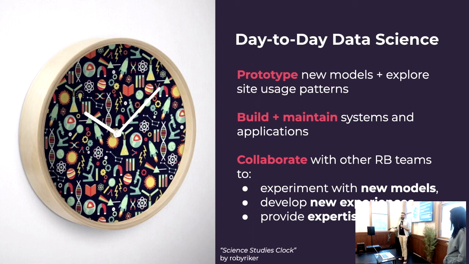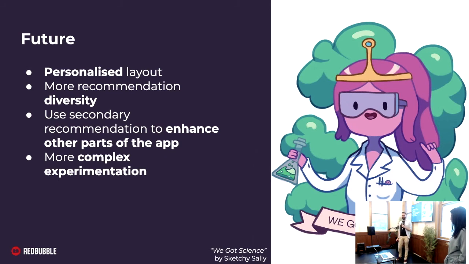We also collaborate a lot with other teams in the company to bring our experiences to other parts and other applications. Our collaboration with mobile is one excellent example of that. In the future, we're thinking of doing a lot of stuff together, specifically with mobile. We're looking at personalized layouts for users, to give them only the features they're really interested in.